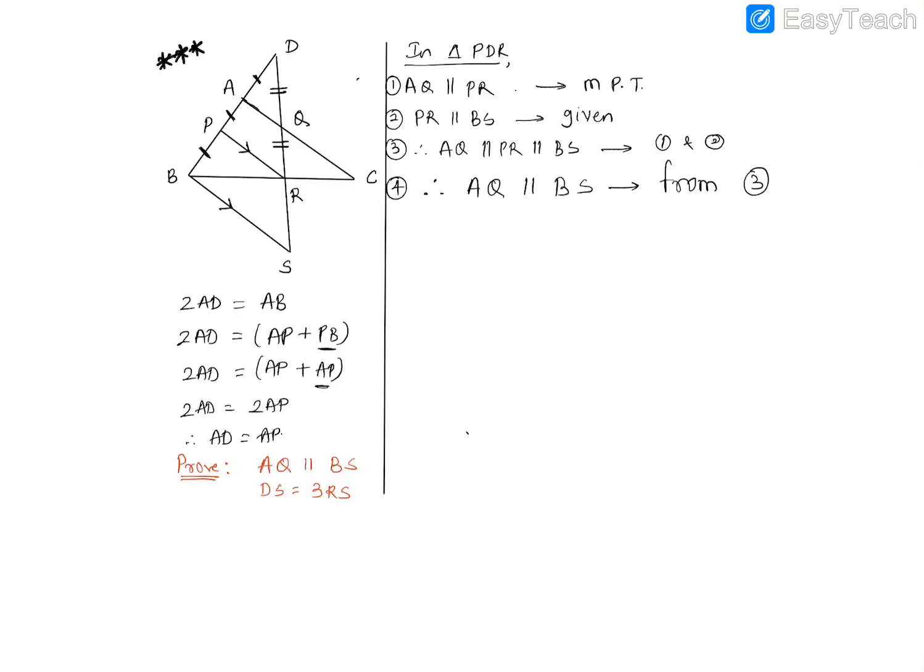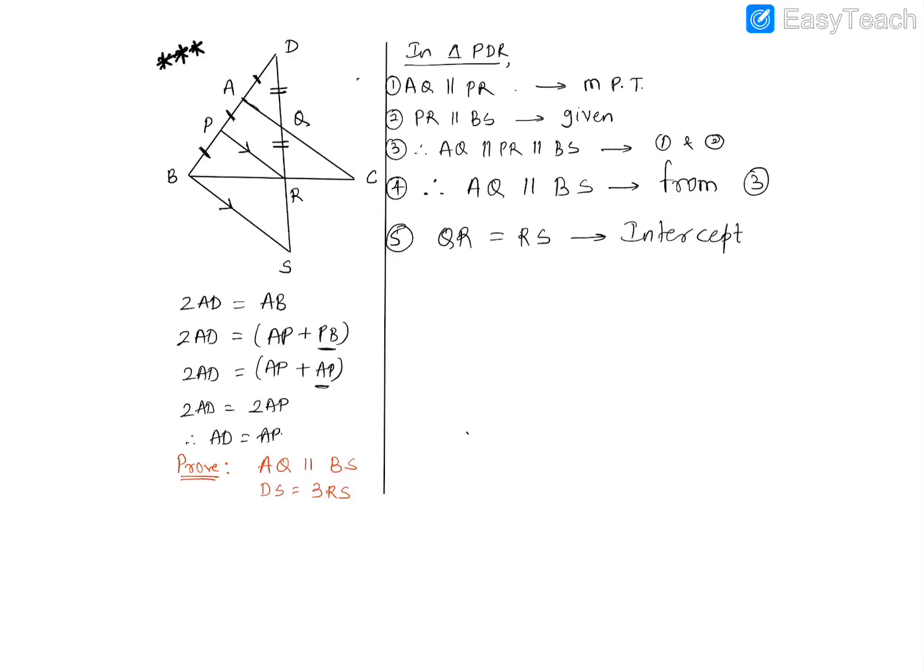Okay, now the next statement that we need to prove is DS is equal to 3RS. Now see how we are going to do this. The fifth statement: QR is equal to RS. Notice properly, why is QR equal to RS? Because of the intercept theorem.